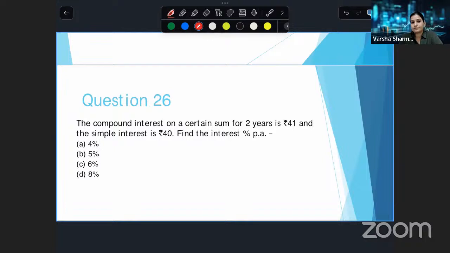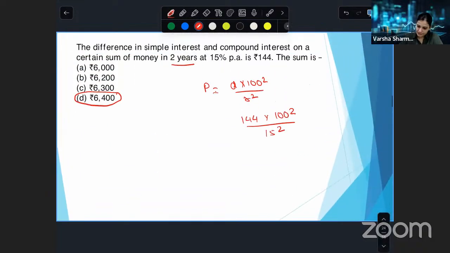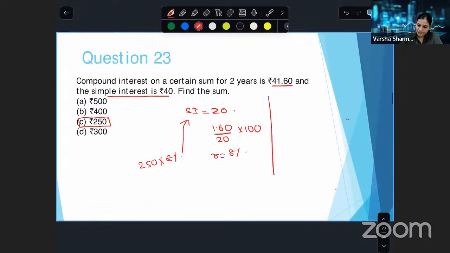26. We just did this sum. For 2 years, the compound interest is 41 and the simple interest is 40. Difference is 1 rupee. Yes, so we can use that method also. The difference is rupees 1. We could have used that in the same sum also, no? Here also we could have used this rather than doing so many things.